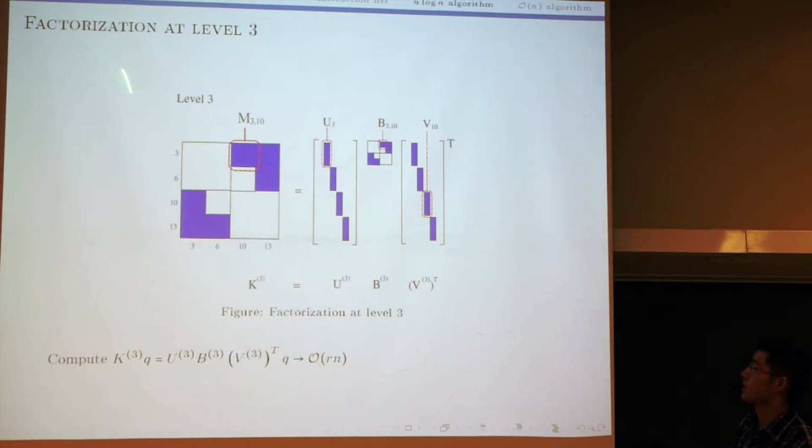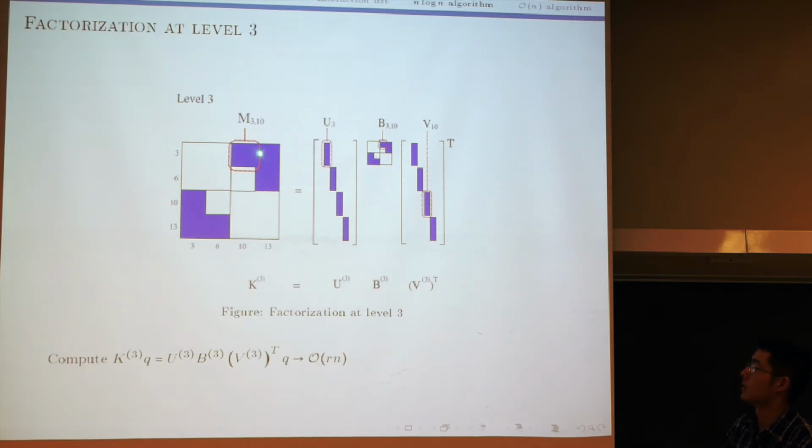We can factorize the matrix like this because the column basis for each row block, for example, for row block 3, only depends on node 3.